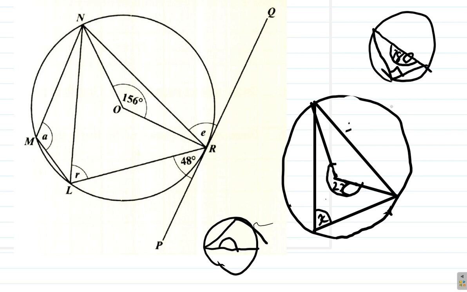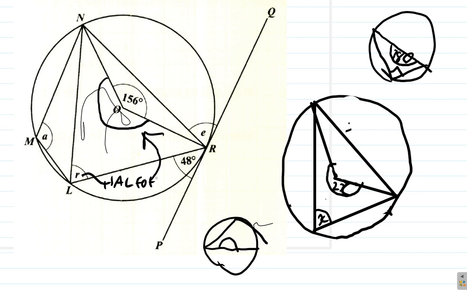Good. So that means you have to find out what angle is over here, and whatever angle is over here, this R would be half of this.